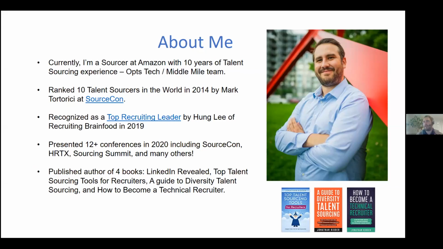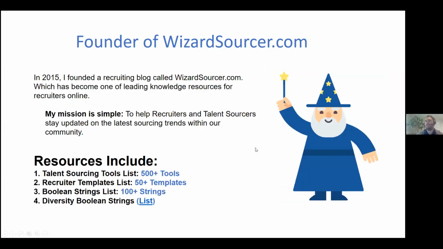I'll focus on strings, tool suggestions, and communities online. It's a jam-packed book and I definitely recommend taking a look at it. It's on Amazon.com as a paperback or ebook, with a lot of great resources within it.